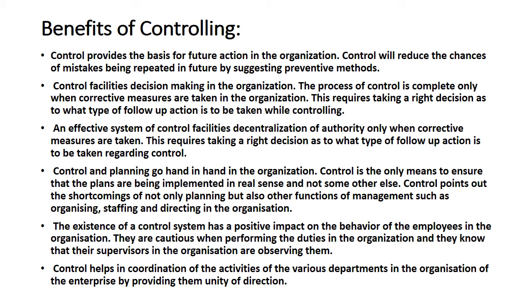An effective system of control facilitates decentralization of authority only when correct measures are taken. Decentralization means the power is given from the top to the bottom, to the subordinates. So there also the control should be done effectively.